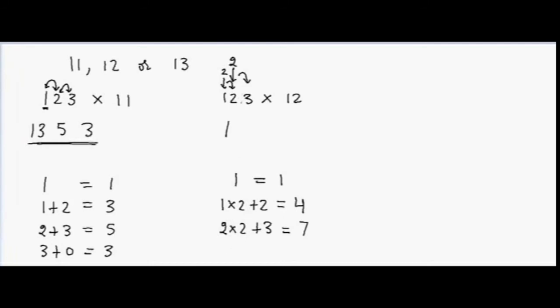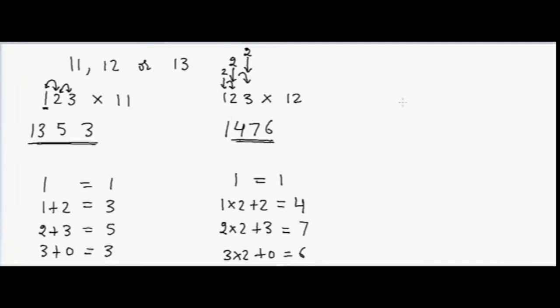And then for the last digit I'll multiply the last digit by 2. So 3 into 2 plus 0 is equal to 6. So the answer will be 1476. Basically I am multiplying each digit by 2 and then adding the next digit into it.